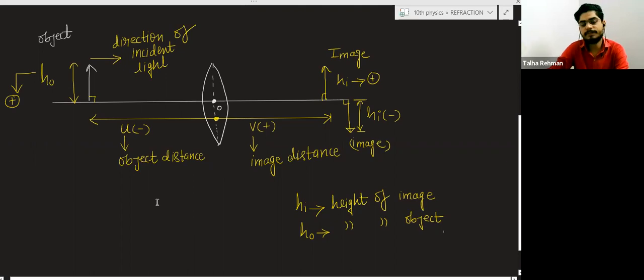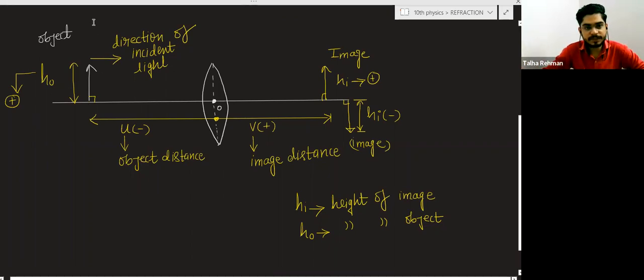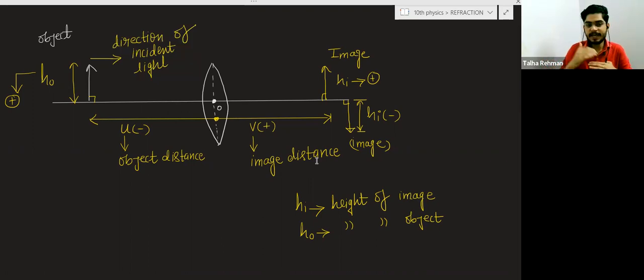The sign convention should be clear, and you will consider the sign convention with respect to the direction of the light when you are measuring the object distance or the image distance. When you measure the height of the object or height of the image, you will see with respect to the principal axis.